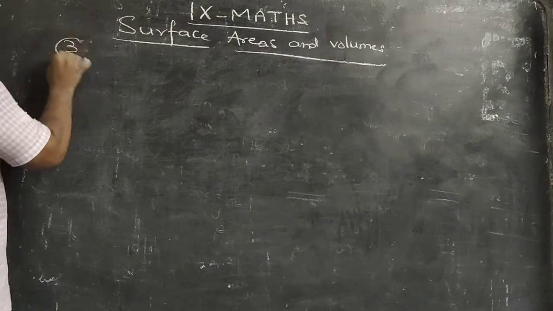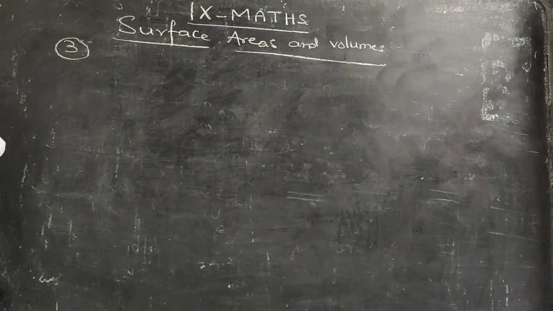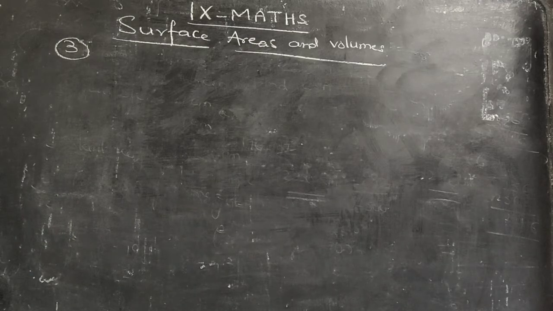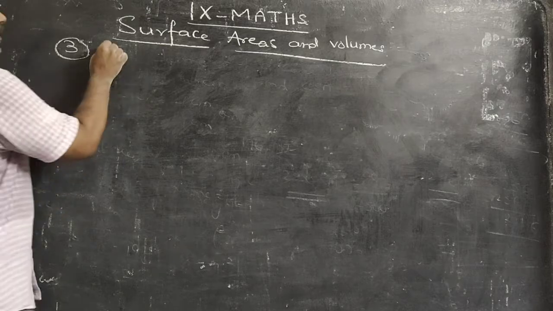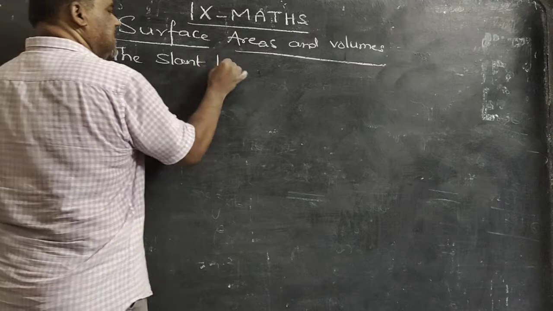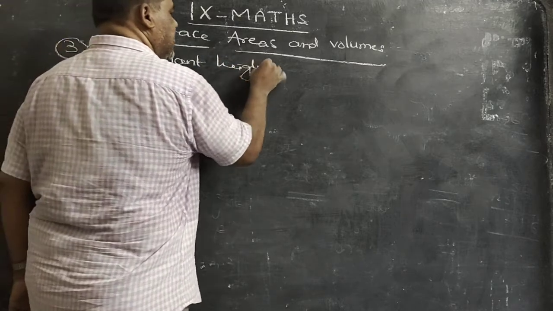Right, next problem. The slant height of a cone is 10 centimeters.